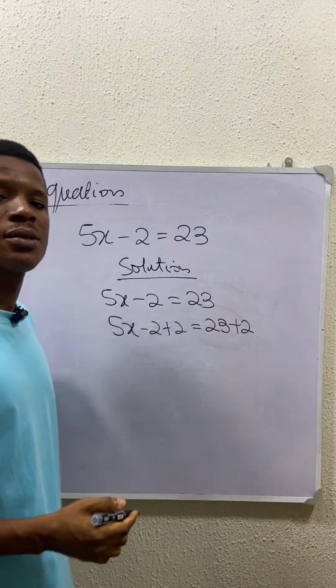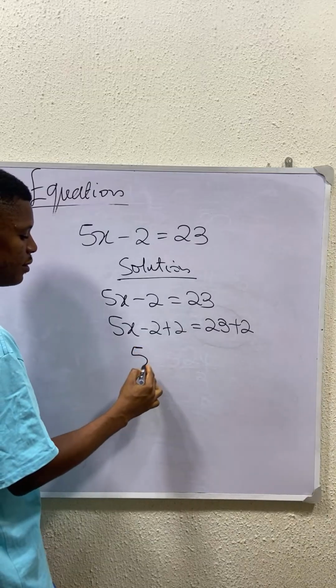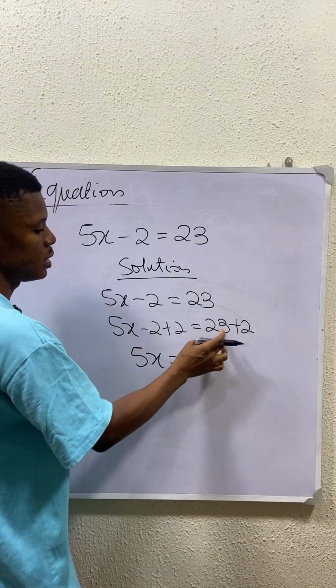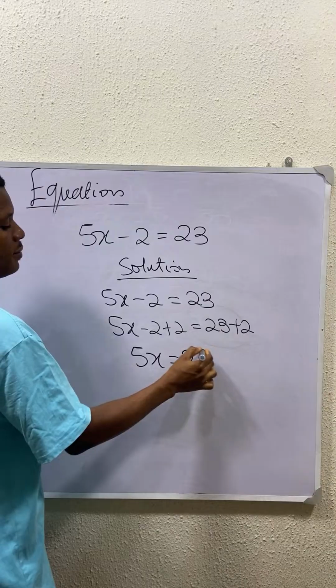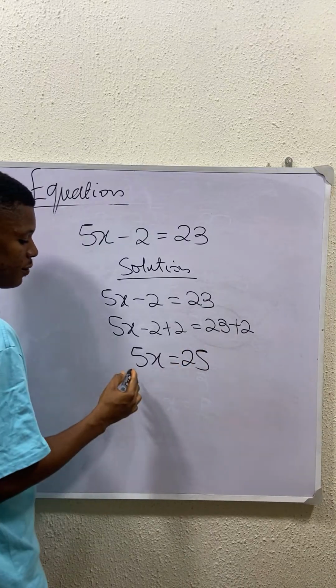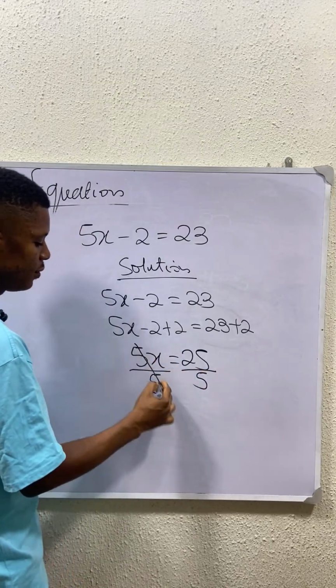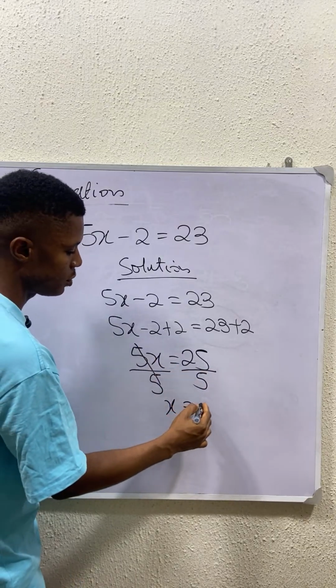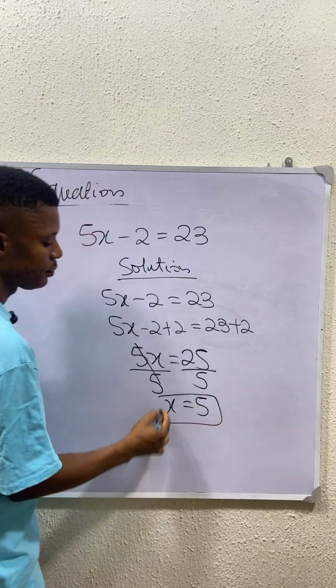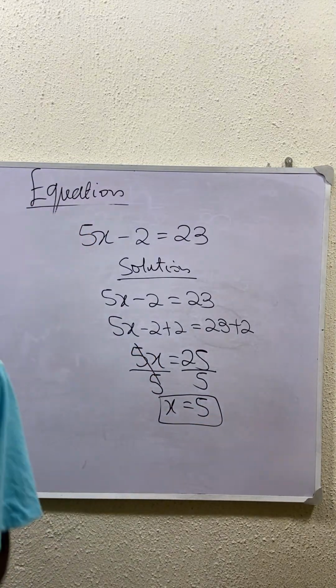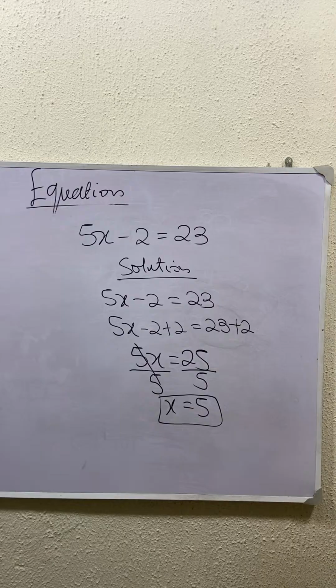So 2 and 2 get 0, so we are left with 5x is equal to 23 plus 2, which is 25. To get the value of x, you divide through by 5 on both sides. If you divide by 5, x is equal to 5. This is the easiest way to solve the problem.